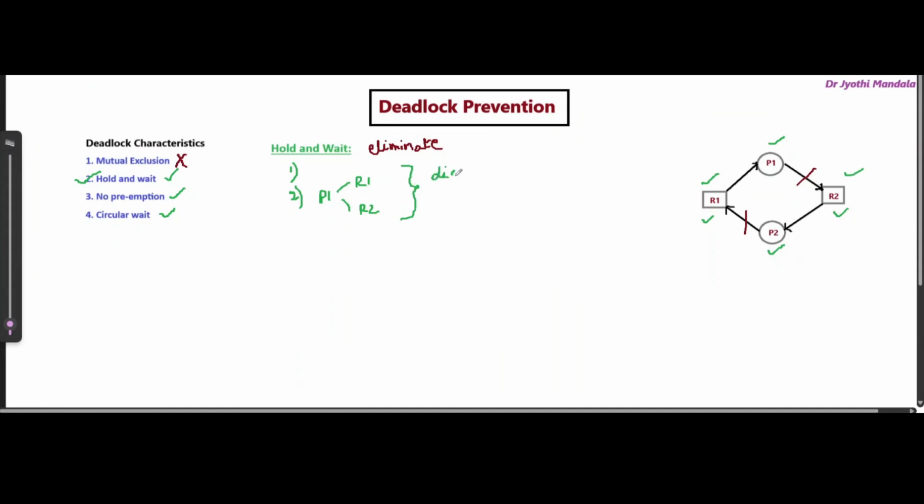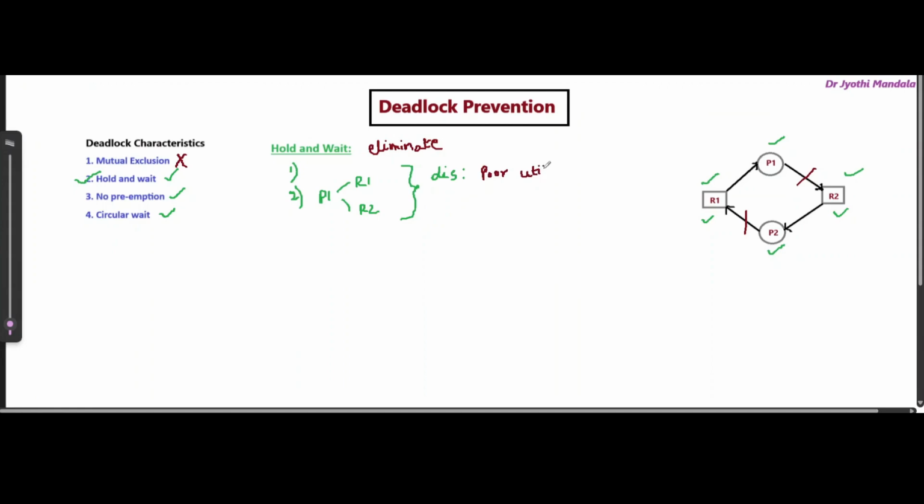The first is poor utilization of resources. Even though R1 is available, because R2 is not available, it cannot use R1. If it could use R1, some part of the work could be done. But as per the assumption, only if both are available can both be assigned. Because of that, poor utilization of resources happens.